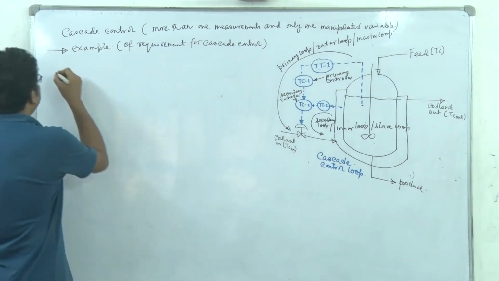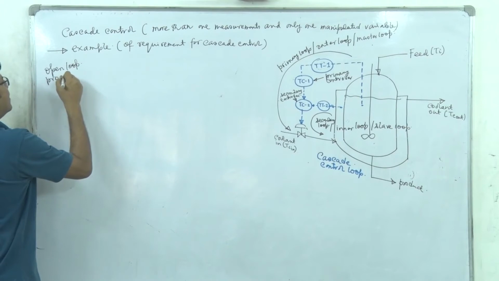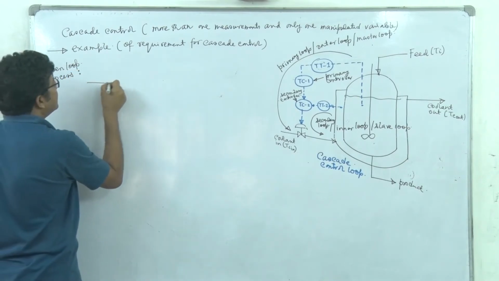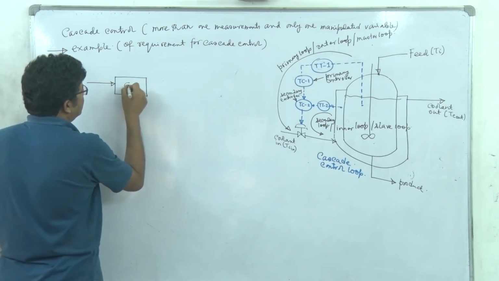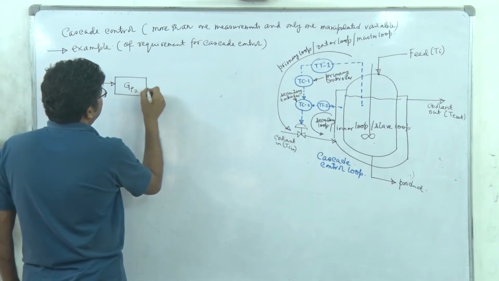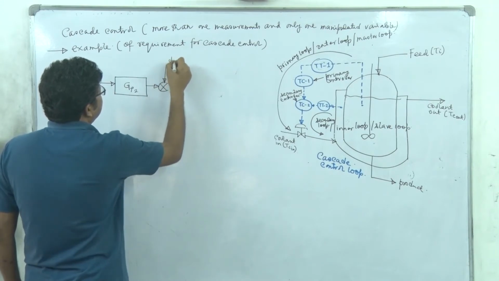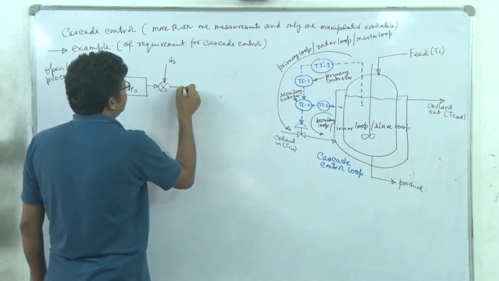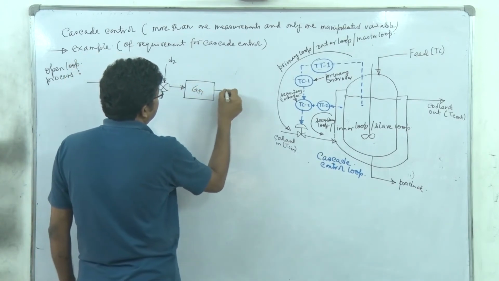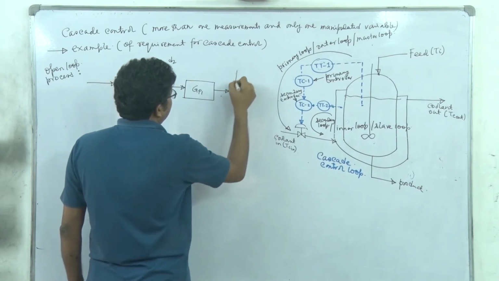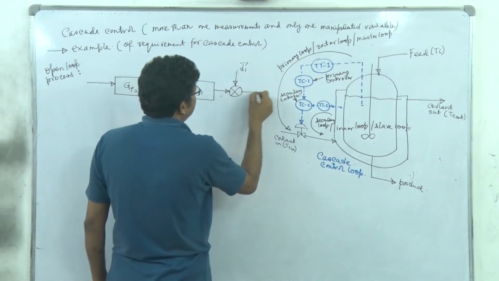So you see the open loop process where we can apply cascade control: GP2, then disturbance D2, GP1, and disturbance D1, producing the output.